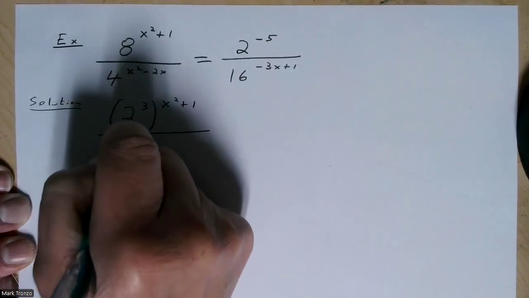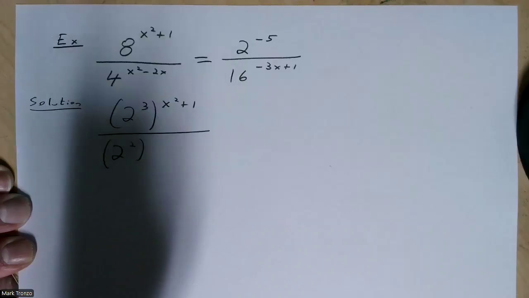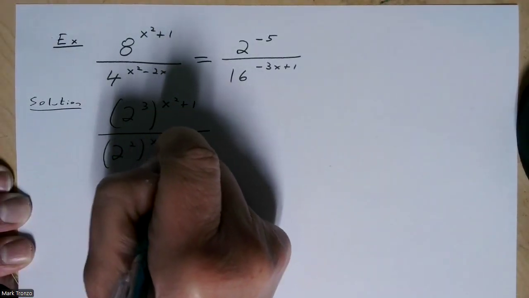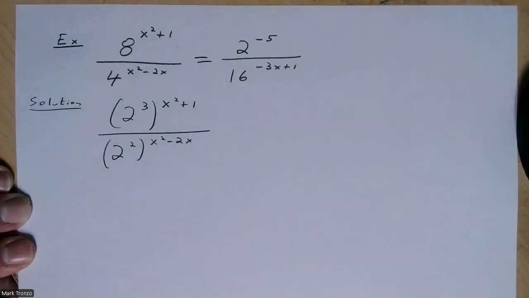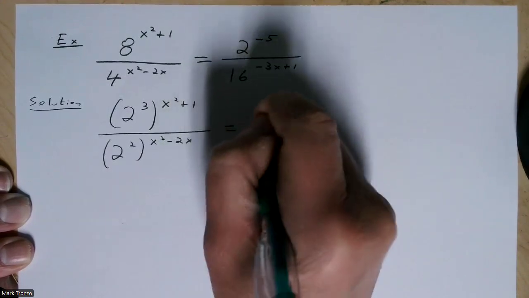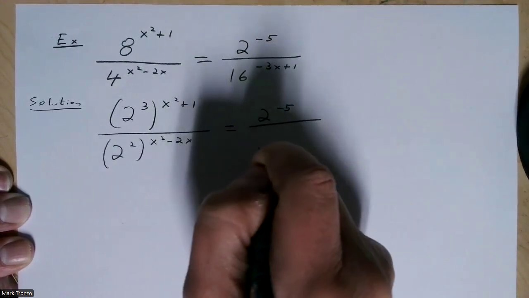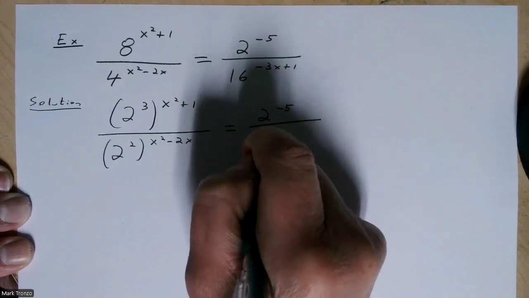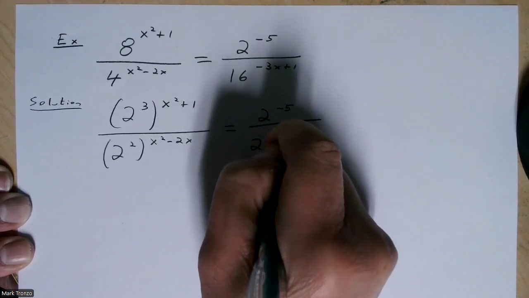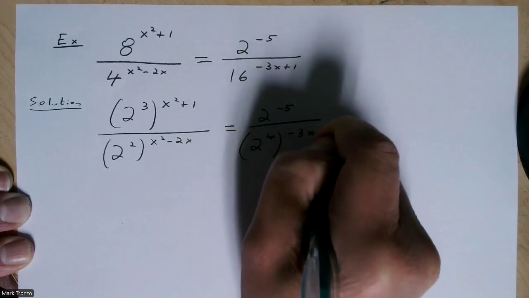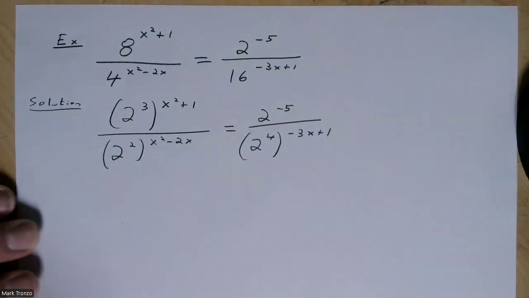This is 2 squared. And it's already 2 to the minus fifth here. And then this is going to be 2, what do we say? 2 to the fourth, like this.